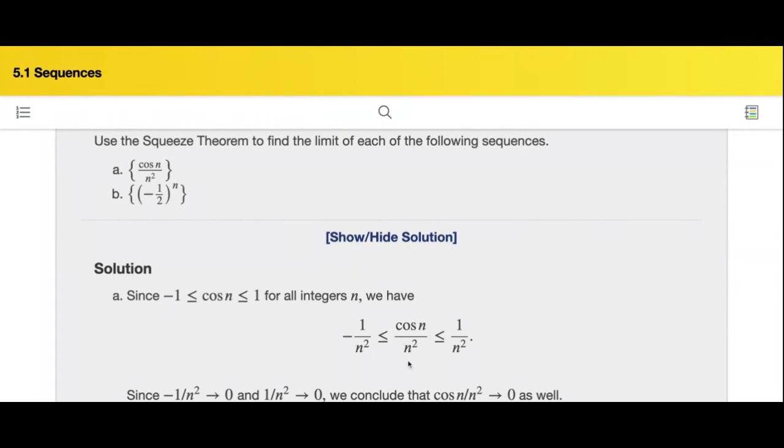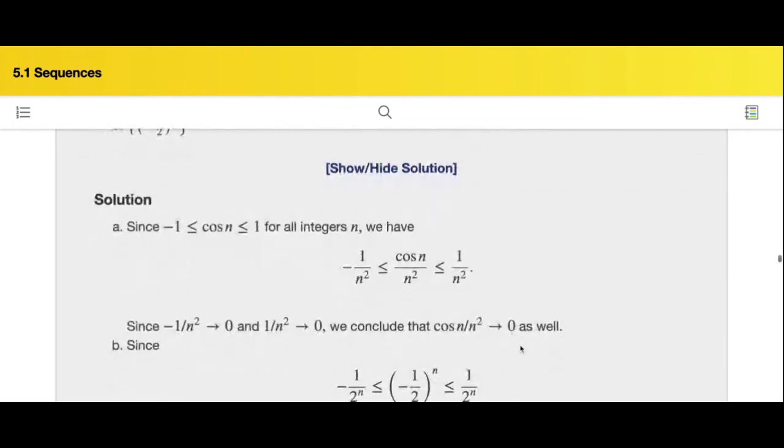So cosine n over n squared is bounded by -1 over n squared and 1 over n squared. When we take the limit of these three things, the limit of the left-hand side, -1 over n squared, goes to 0. The limit of the right-hand side, 1 over n squared, goes to 0. So the middle one, cosine n over n squared, goes to 0.